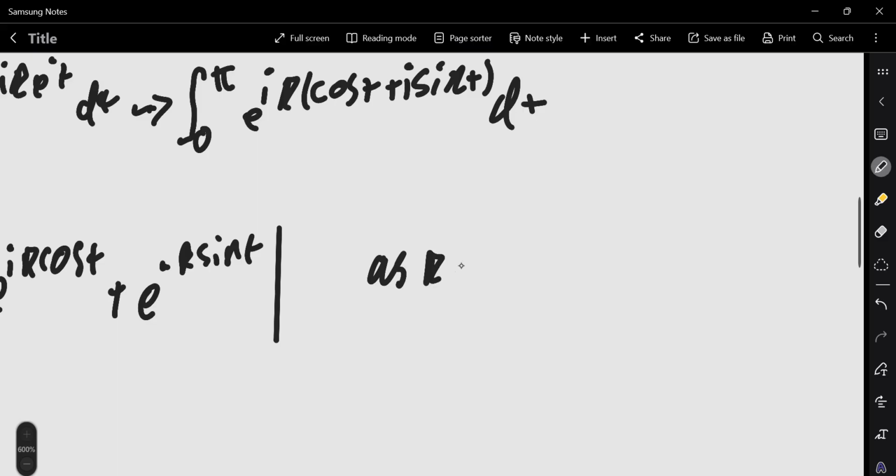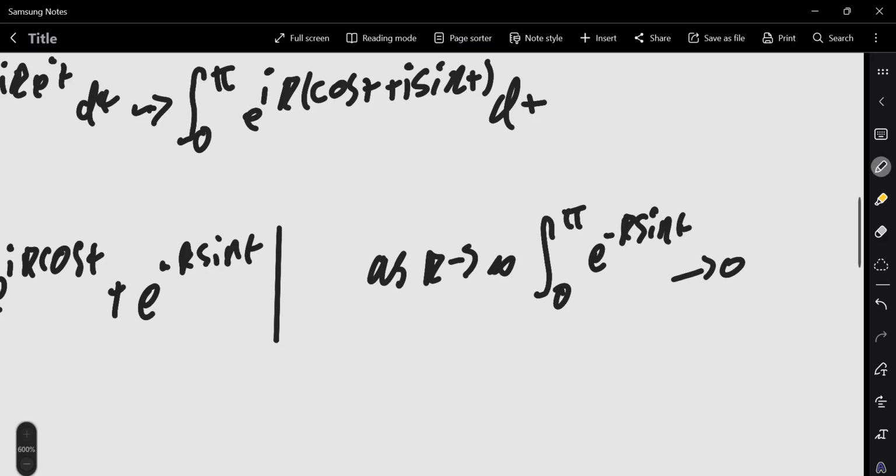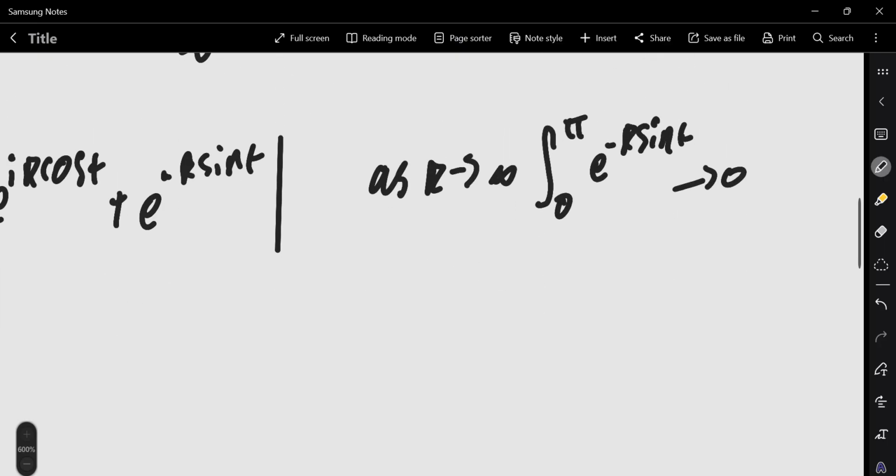As r goes to infinity, the integral between 0 and pi of e to the minus r sine t goes to 0, and the integral from 0 to pi of e to the i r cos t goes to 1.